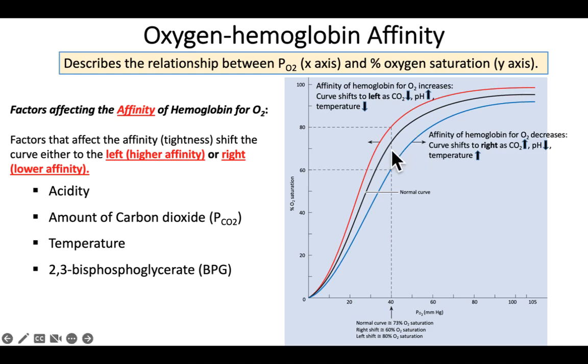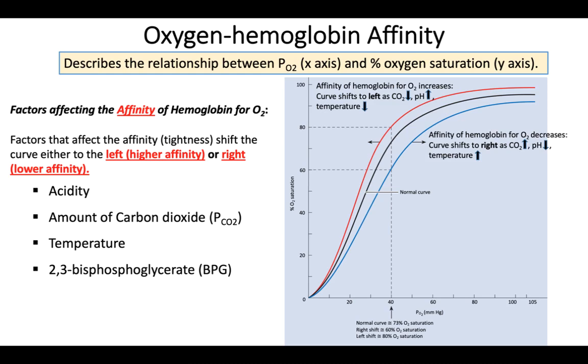So what happens is you shift the curve over. So tissue at systemic capillaries, if it has higher carbon dioxide, if it's slightly acidic and higher temperature, that's going to weaken the affinity, lowers the affinity, and it causes hemoglobin to unload or release the oxygen. And that should make sense.